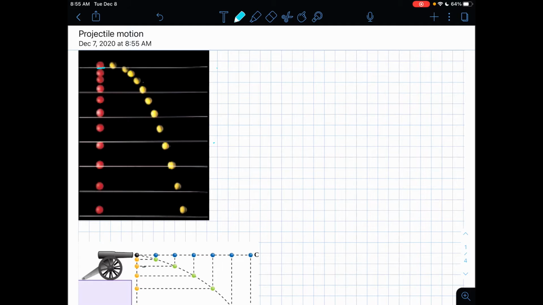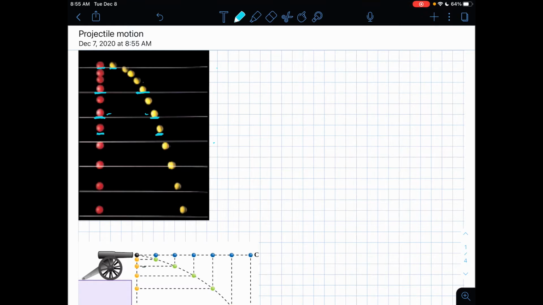As you can see, at every position, the yellow ball and also the red ball are at the exact same position, even though the yellow ball was launched and the red ball was just dropped straight down. You can see here, both balls at the exact same position. Here as well. And if you wanted to get more accurate, you could definitely measure it with a ruler.